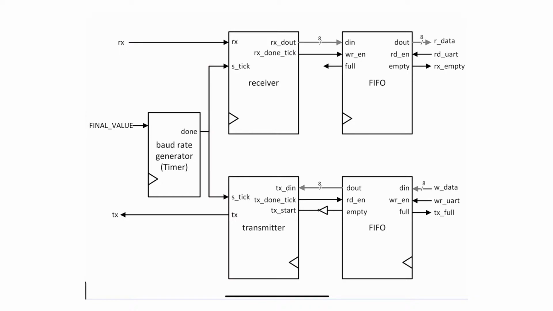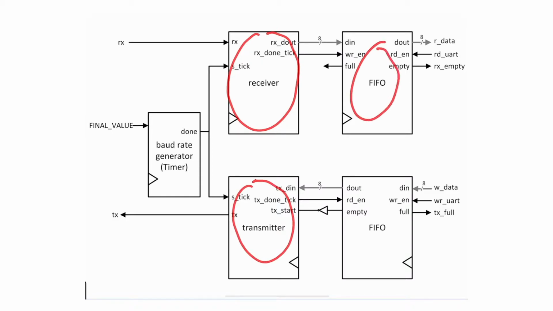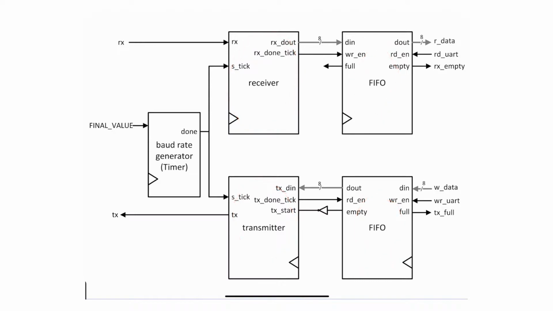The rest of the system tells me that the modules are a receiver module and a transmitter module and a couple of FIFOs, one in here and one in here. This diagram is showing me that you have some sort of a receiver part and a transmitter part. What you need to know for now is that the receiver and the transmitter are just finite state machines that take certain inputs, the ones that you see here like arrows, and generate certain outputs.